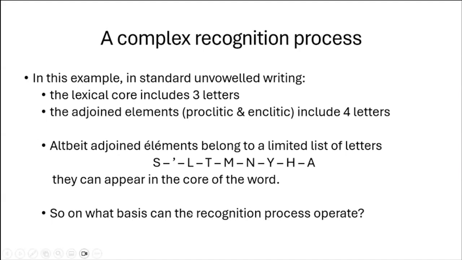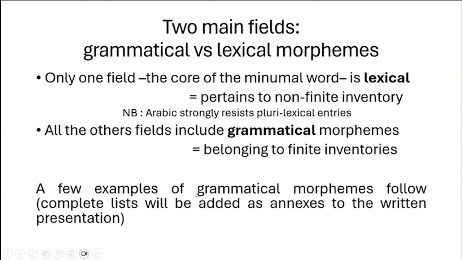So on what basis can the recognition process operate? We have two kinds of fields in the word. One field includes the core of the minimal word, which is lexical.